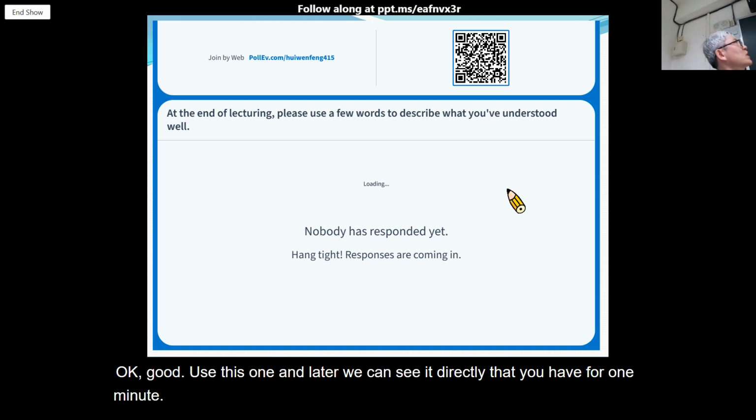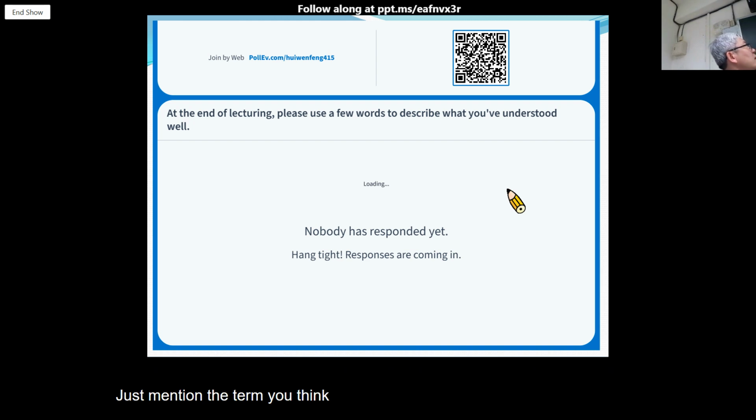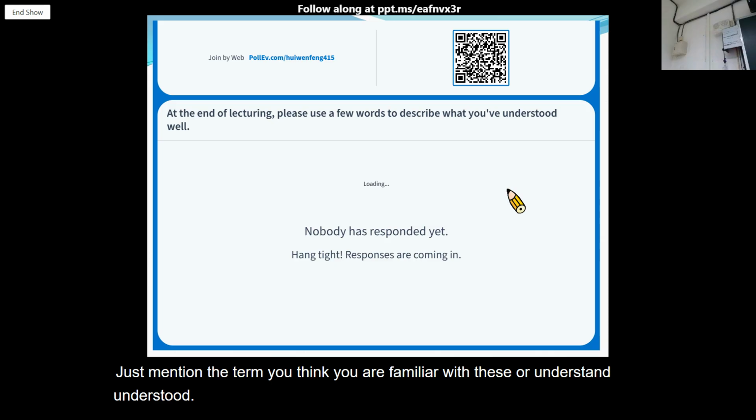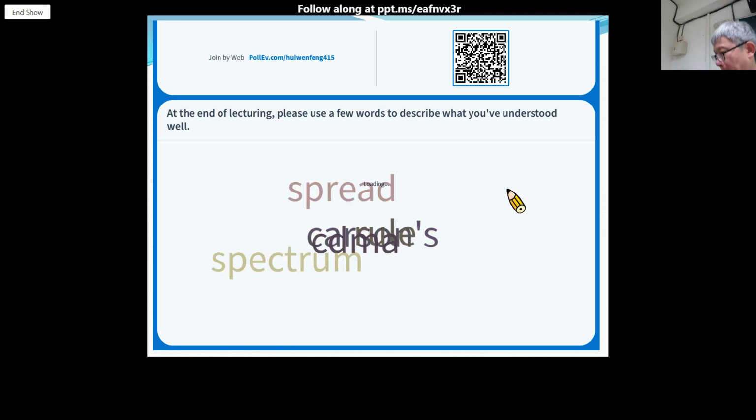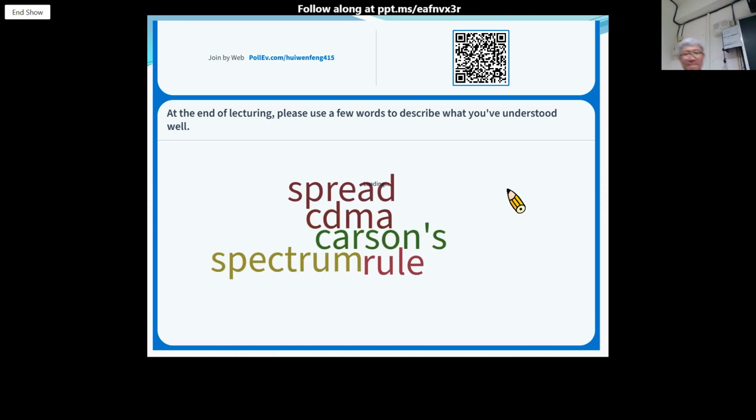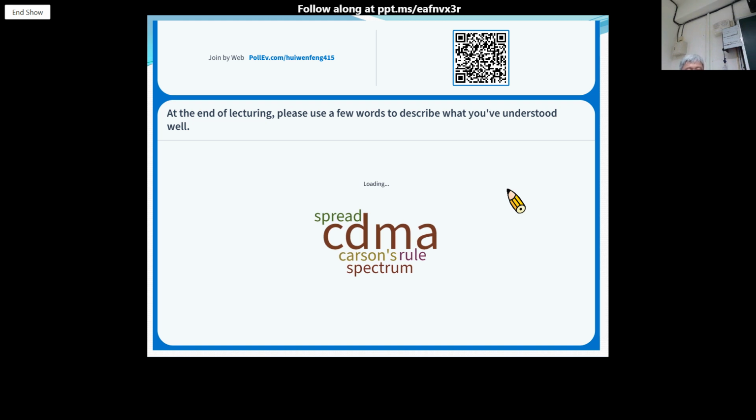Just mention the terms you think you are familiar with or understood well. So most of you think the code should be CDMA.